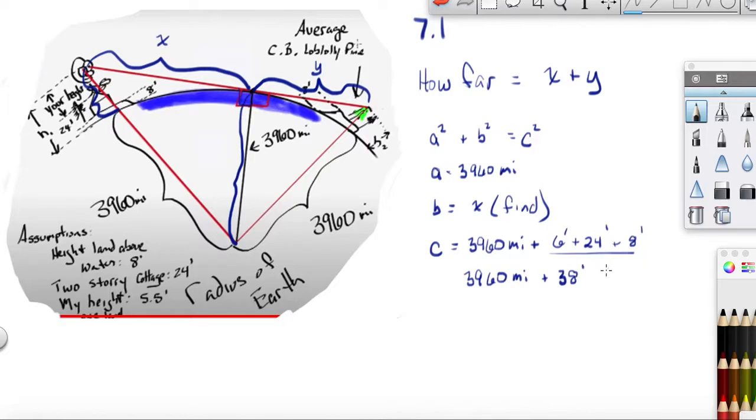Now, I can't add miles and feet together. What I can do is convert the feet into miles, or convert the miles into feet. If you convert miles to feet, you'll get a lot of feet, and then we're going to square it later, and that's going to be a very large number, and you're going to have trouble with it if you don't do it all in one step.